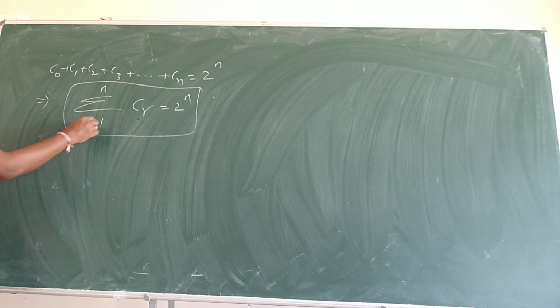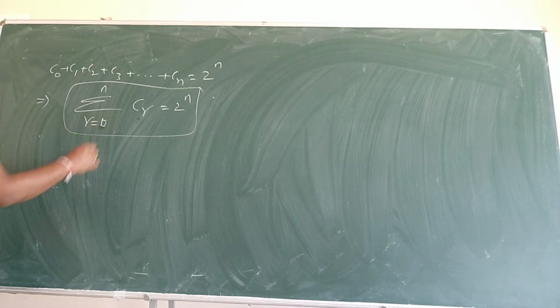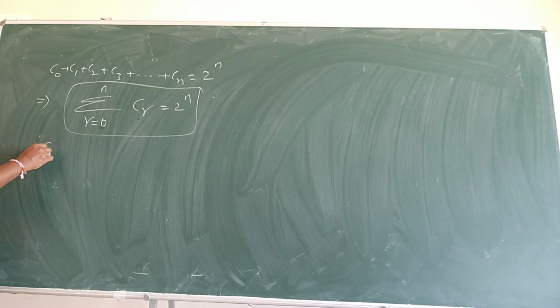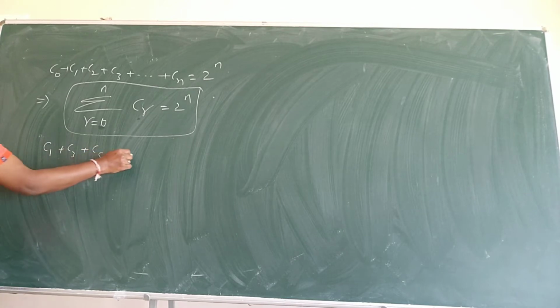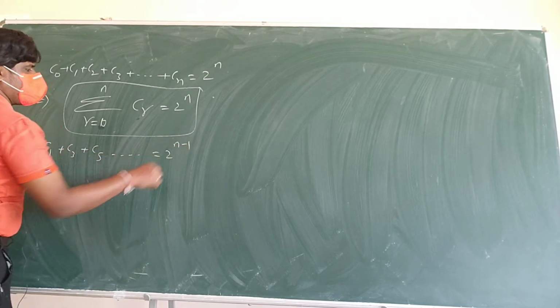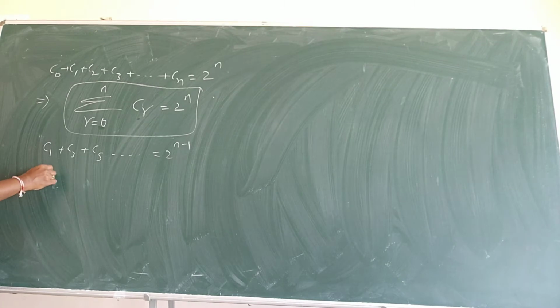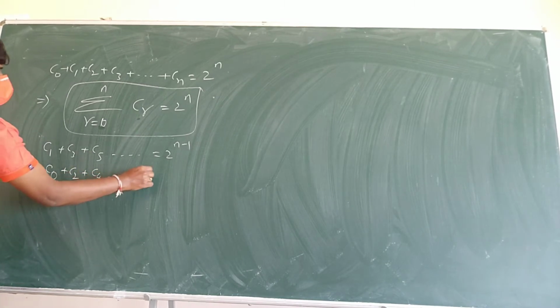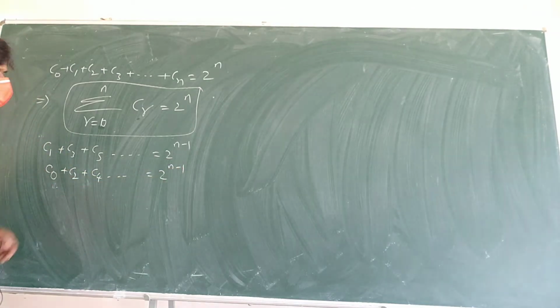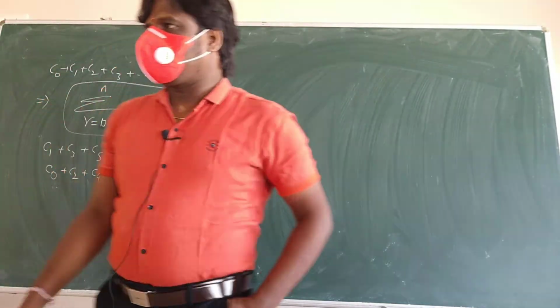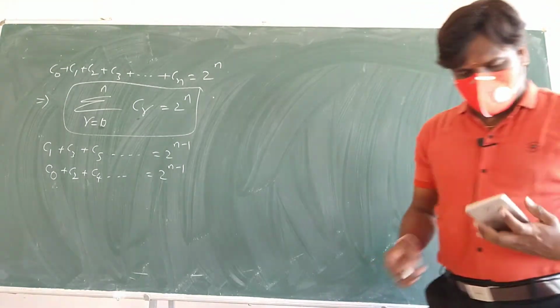So I can write this as sigma R equal to 0 to n of CR equals 2 to the power n. And one more we have: C1 + C3 + C5 equals how much? 2 to the power n minus 1. And another one is C0 + C2 + C4, which is also 2 to the power n minus 1.